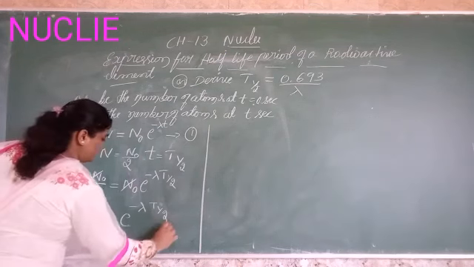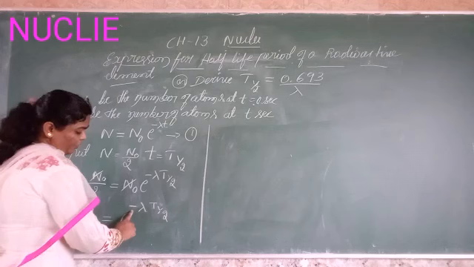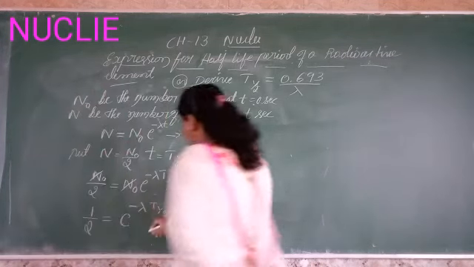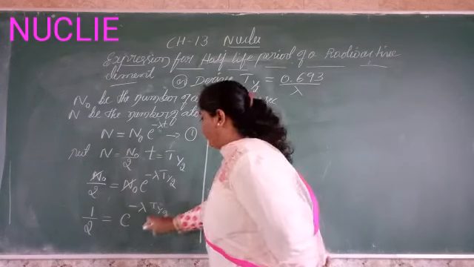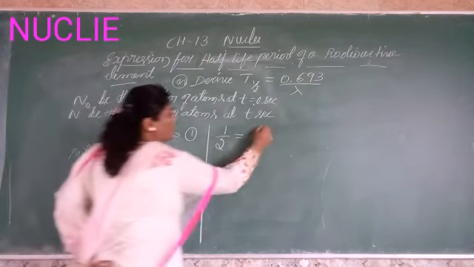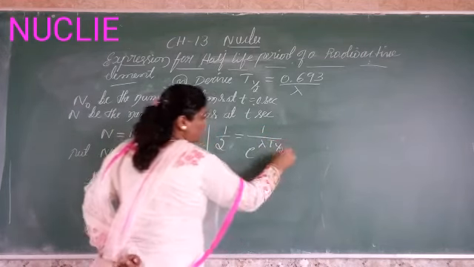This is equation 2. So 1 by 2 is equal to e to the power of minus lambda T half. Now take the reciprocal: 1 by 2 is equal to 1 divided by e to the power of lambda T half.